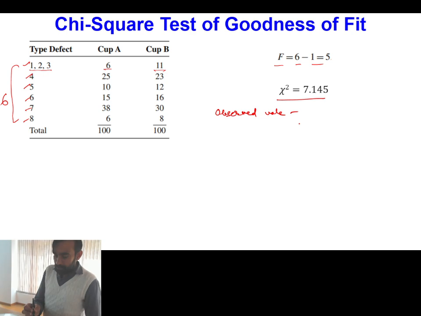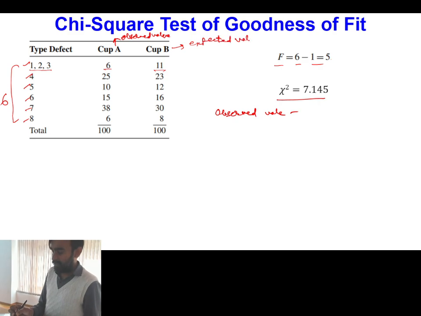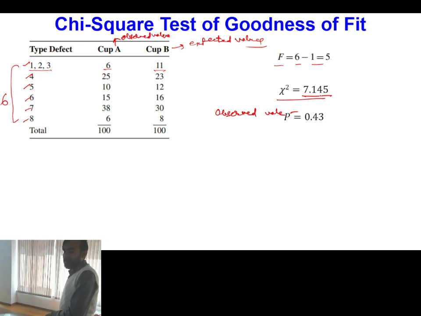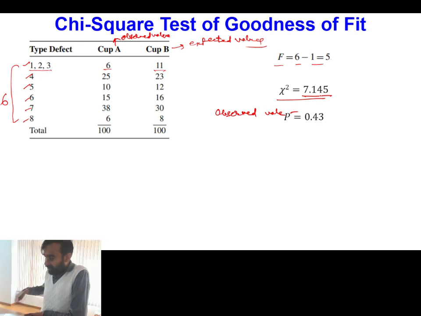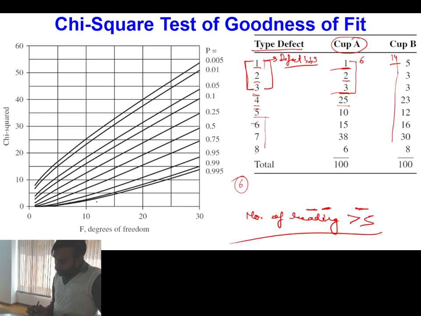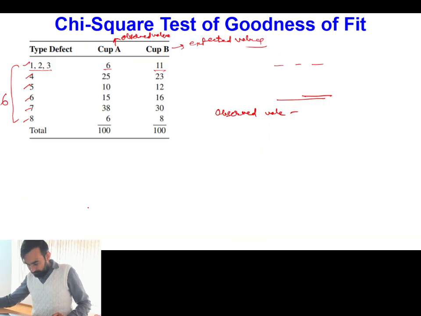Okay, so one type of cup category I will consider as the observed value, because we have to correlate these two categories, and the other I will consider as the expected value. By using this formulation, if I calculate, the value of chi-square will be 7.145. Okay, now what you can do, you can go here and for f equal to 7 and chi-square equal to how much?